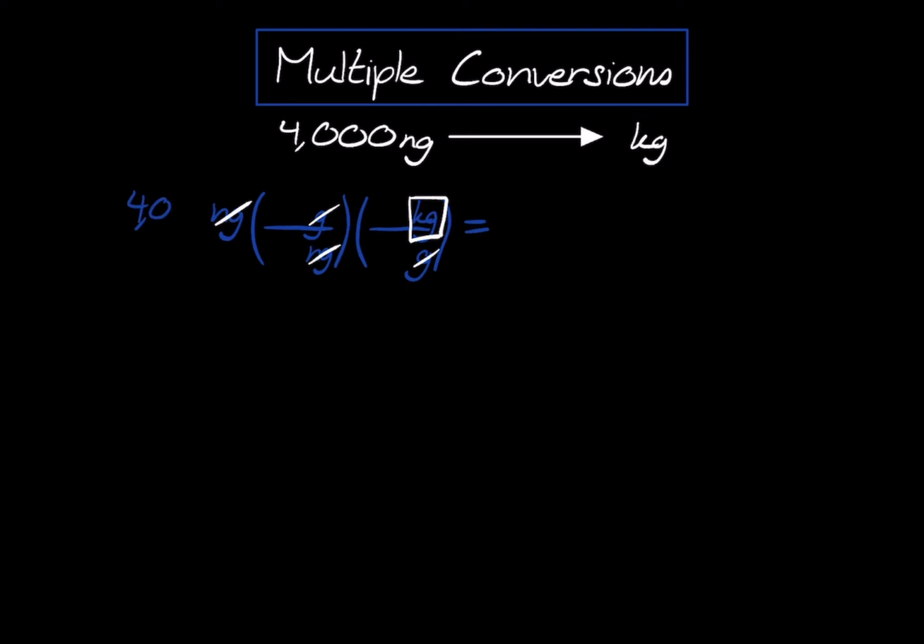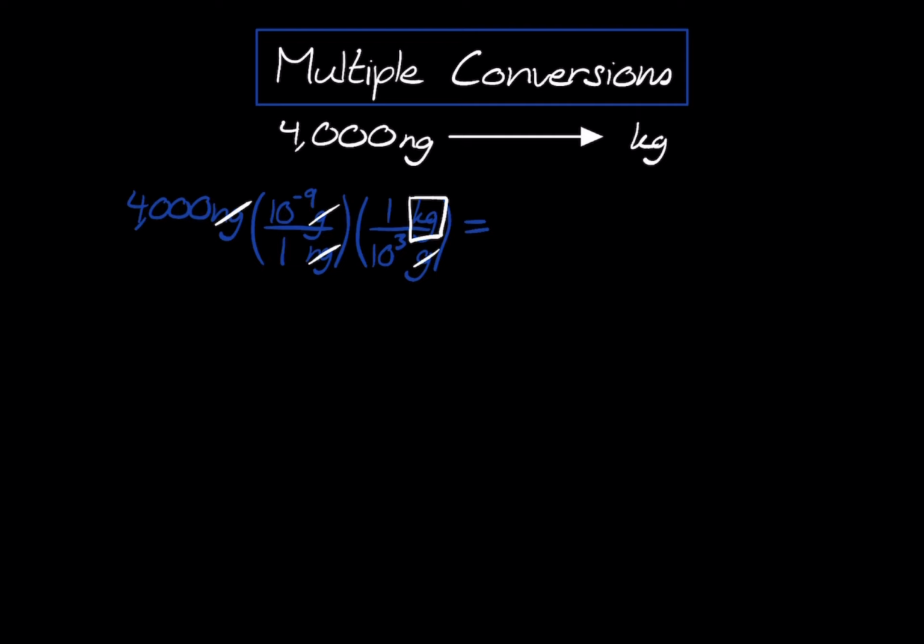So we have 4,000 nanograms times 10 to the power of negative 9 grams, the base unit, over 1 nanogram, the metric prefix, and 1 kilogram, the metric prefix, divided by 10 to the power of 3 grams, the base unit.